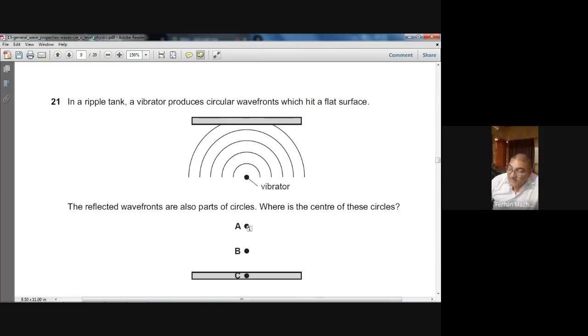So if the actual vibrator is this much in front of the barrier, its image will be the same distance behind the barrier. So A is the choice. It's a little tricky question. It's like reflection in the mirror, but it is actually the reflection of the water waves in a barrier.